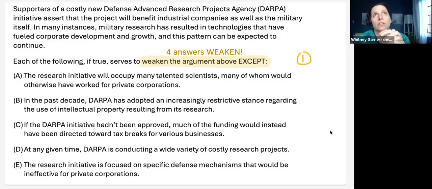And this is going to keep coming. So the argument essentially says, yeah, this is really expensive, but it doesn't just help military, it helps private industry. And it helps private industry because of research that creates technologies that spill over into corporate growth. So the argument says this spending is good for corporate growth because of research and technologies.